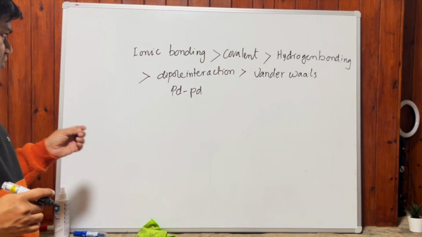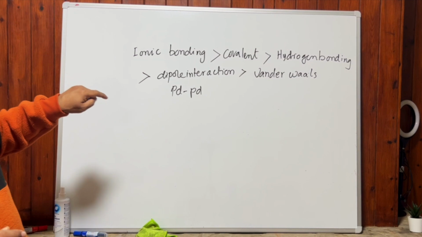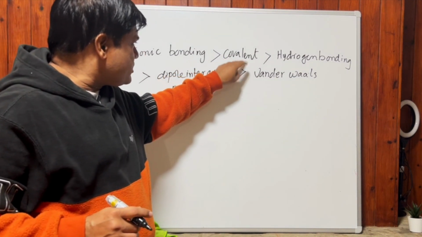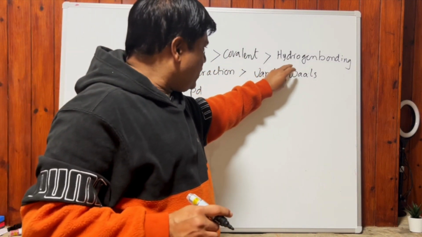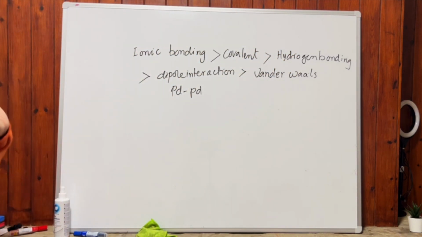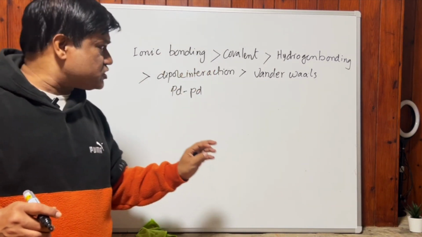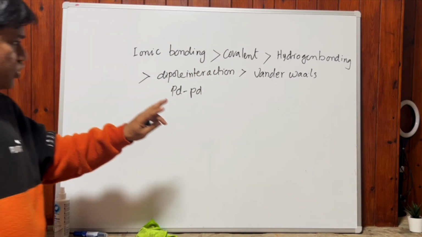A very quick review: ionic is between metal and non-metal, covalent is between two non-metals. Hydrogen bonding is not an actual bond. It is a type of intermolecular force of attraction between two molecules.